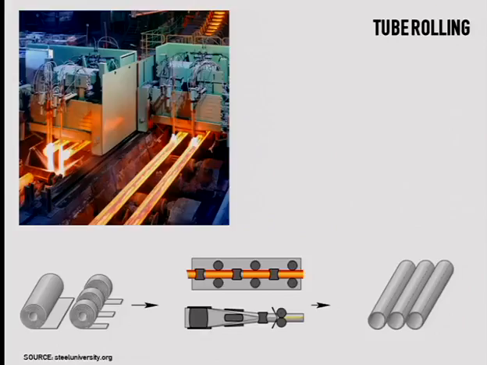And what we can also do, we can get hollow profiles. To get hollow profiles, here you see there is this circular pipe. We already have these very thin sheets that we bend together with a curve, and then there is a meeting point, and then welding happens so that we get a circular hollow profile, but still through hot rolling. So this is a hot process, not cold.